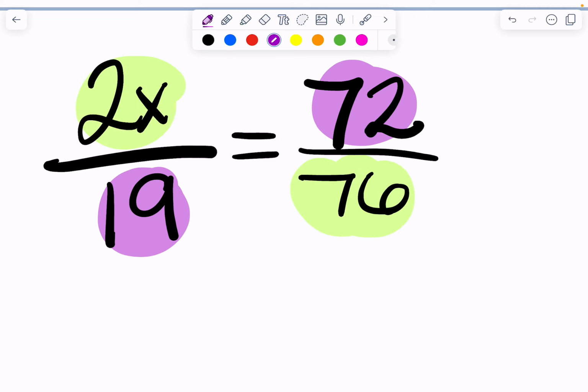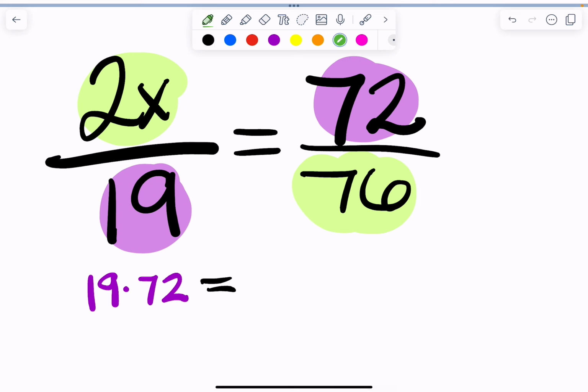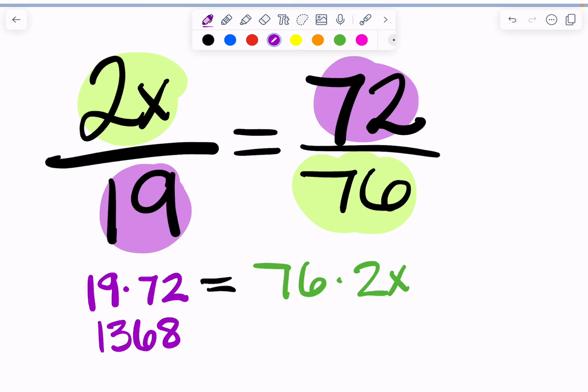So when I multiply 19 times 72, that should equal the same thing as 76 times 2x. And so when I multiply 19 times 72, I get 1,368, which is equal to, and then when I multiply 76 times 2x, I can multiply 76 times that coefficient of 2 to get 152x.